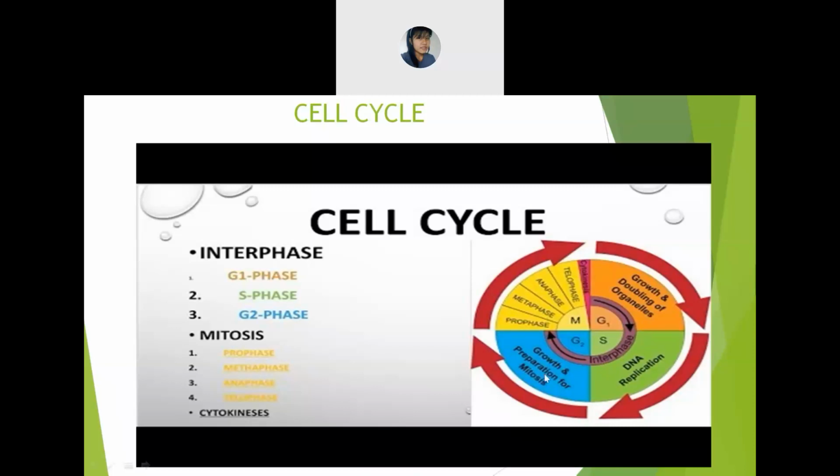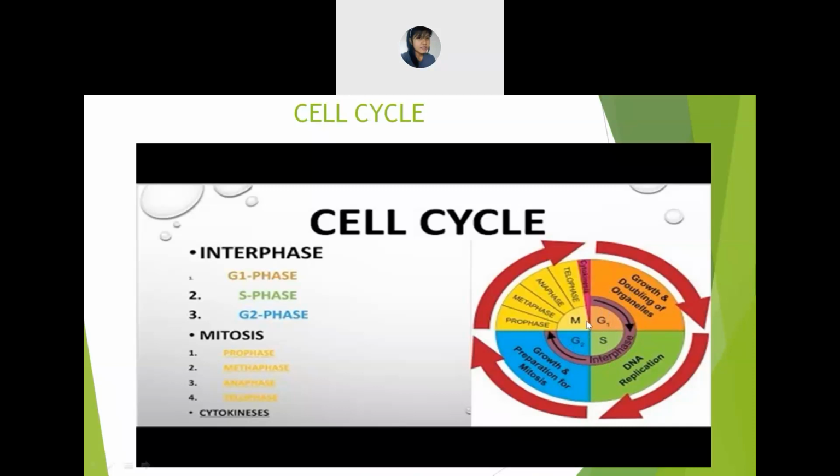This is the cell, and the cell cycle occurs here. In the first phase, you will find G1 phase. This is the S phase, and this is the G2 phase. So this is about the interphase in the cell cycle.